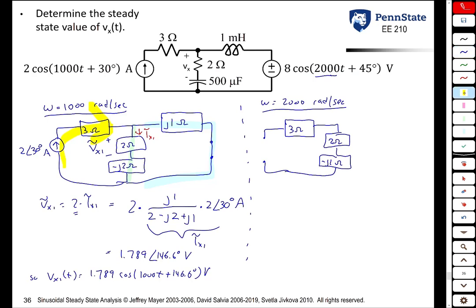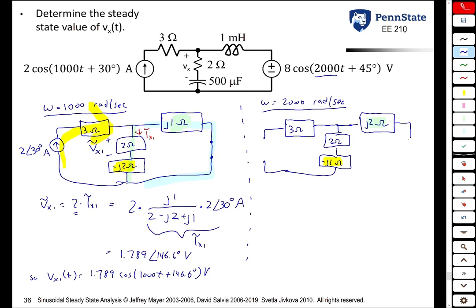And notice that's different than what we had in the previous case. Likewise, the inductor is j omega L. Since omega is twice what it was before, its impedance is twice what it was. So once again, there's a difference in the two circuits in both the capacitor's impedance and the inductor's impedance.